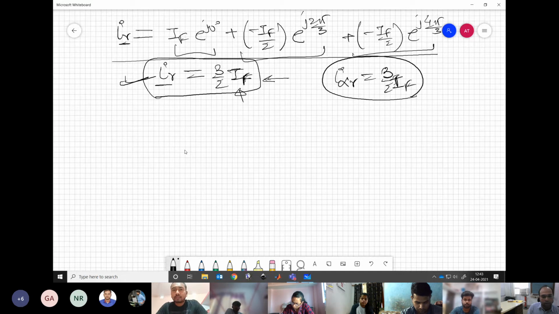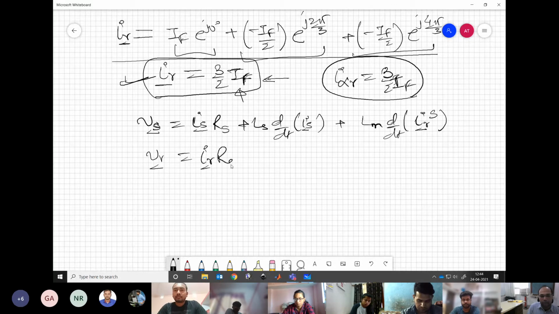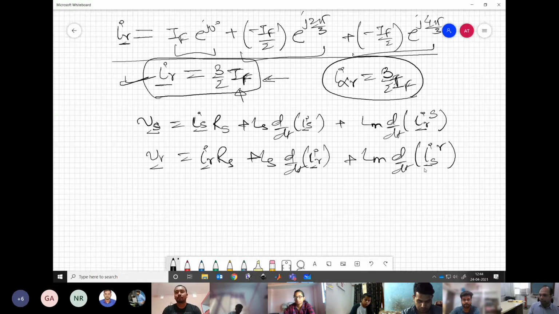We have written the equations. IR in stator. And we take the compact form. Clear?